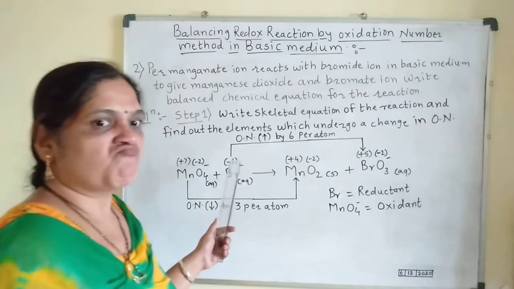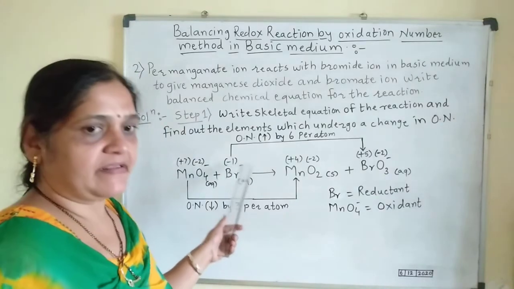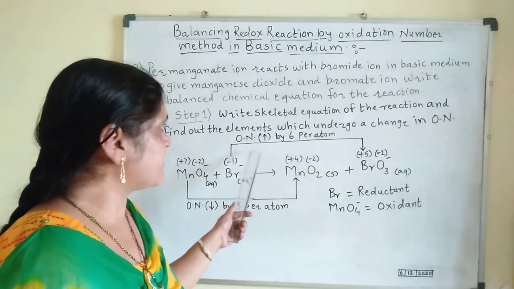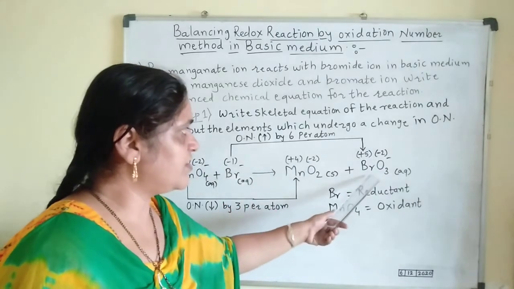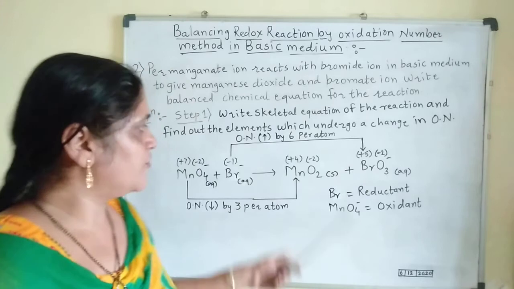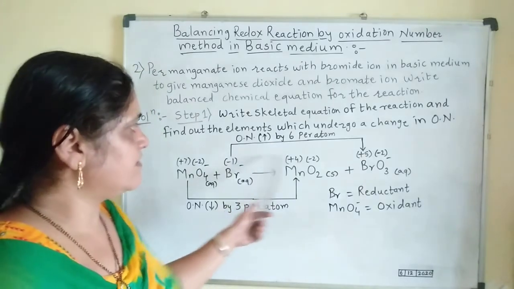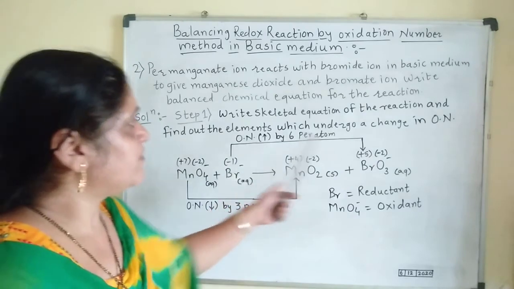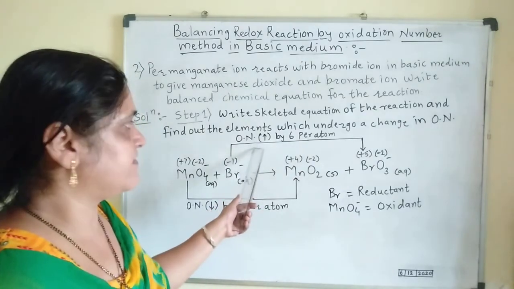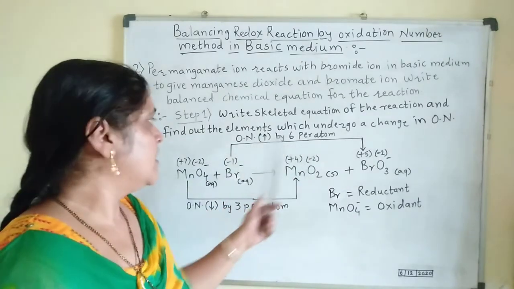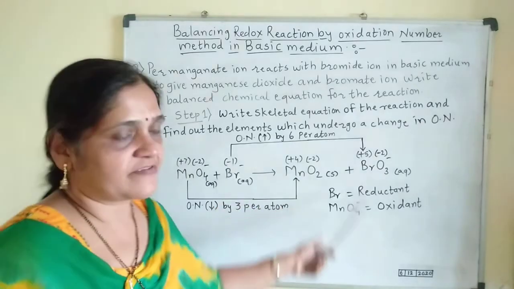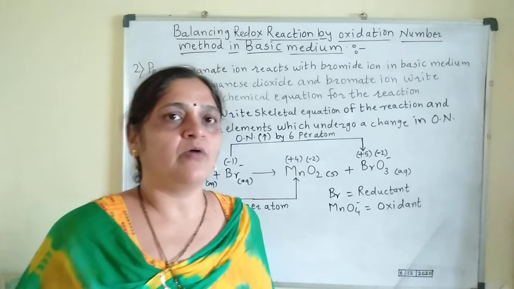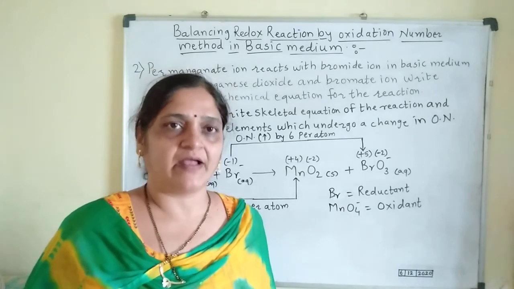Br minus ion is there, and this Br minus ion is going to change into BrO3 minus. So oxidation number is minus 1 and plus 5. Oxidation number increases by 6 per atom. Now here from minus 1 to plus 5, how will it be 6 per atom? Then you have to keep a number line in front of your eyes.